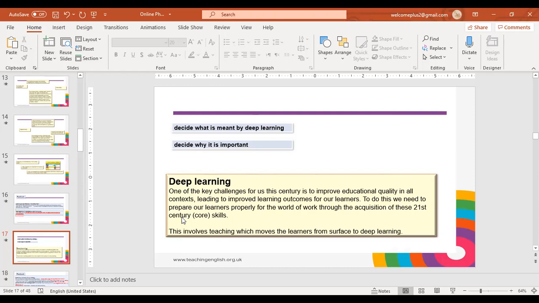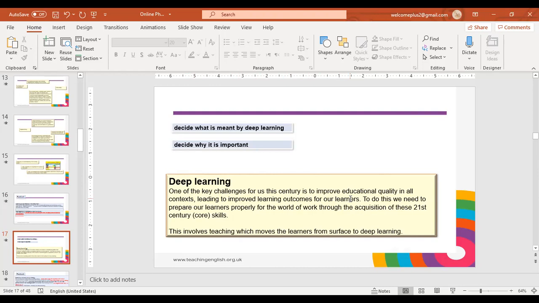Here the definition says one of the key challenges for us this century is to improve educational quality in all contexts, leading to improved learning outcomes for our learners. And by this they mean that we need to broaden the students' minds in the way they acquire the knowledge.